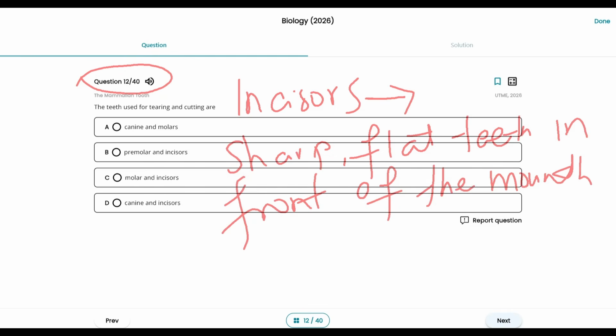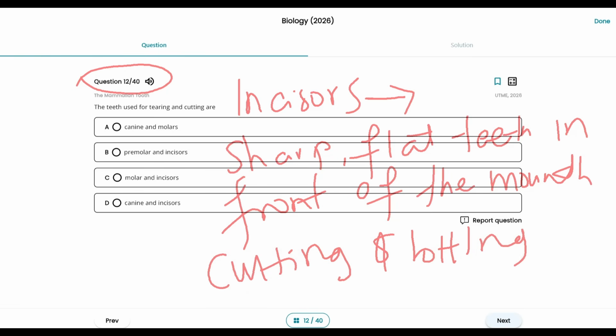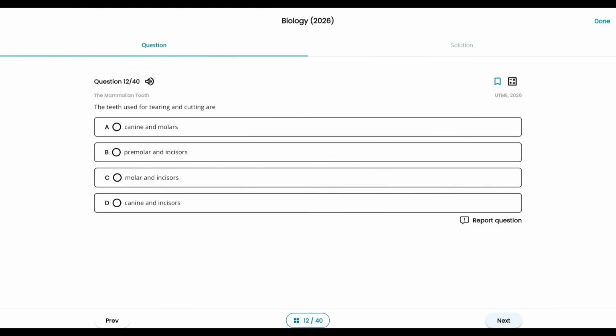They are primarily used for cutting and biting food. Okay, so incisors are used for cutting and biting. They are the sharp, flat teeth in front of the mouth. Let's move to the next one.